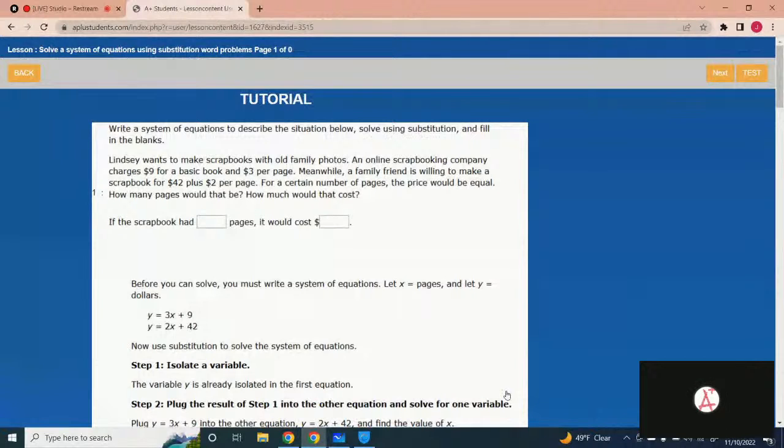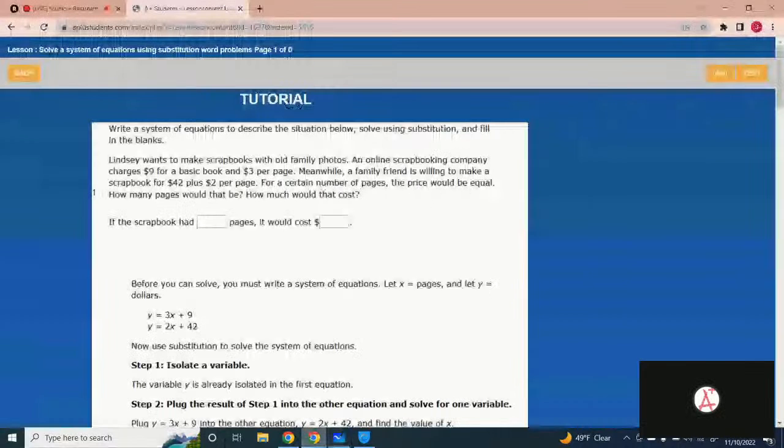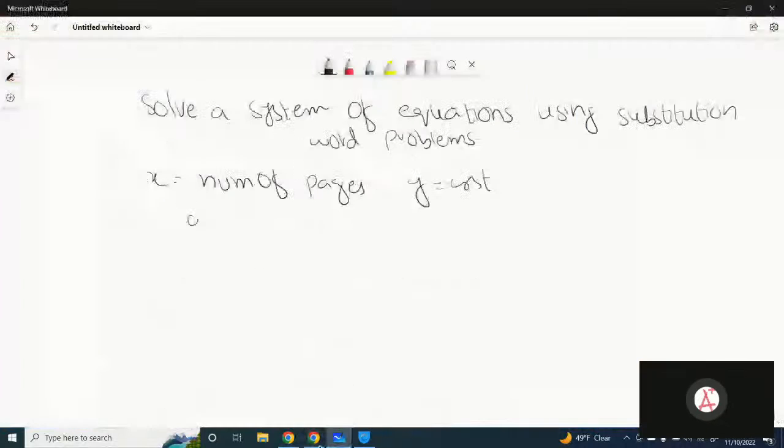So x would be the number of pages and y would be the cost, or you can say the amount in dollars. So the first equation is y equals 3x plus 9, because 3 is the cost per page and 9 is the price of the basic book. Got it?